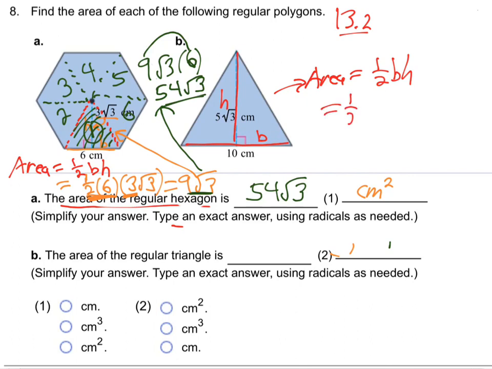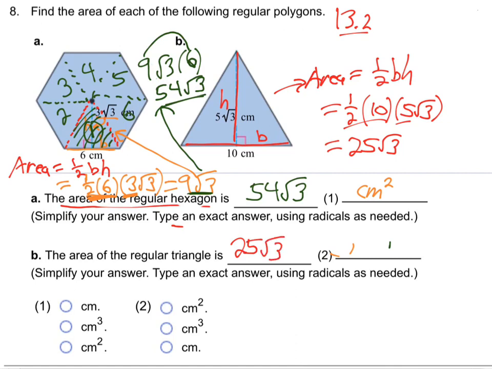So it's going to be a half times the base, which is 10, times the height, which is 5 root 3. Half of 10 is 5, times 5 is 25 root 3. 25 root 3. And the units on that, square centimeters. There we go.